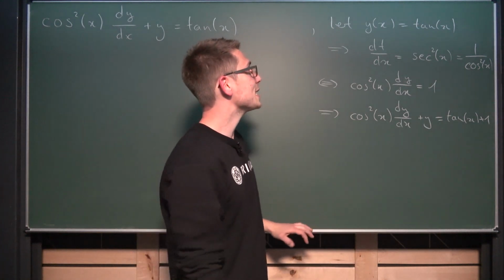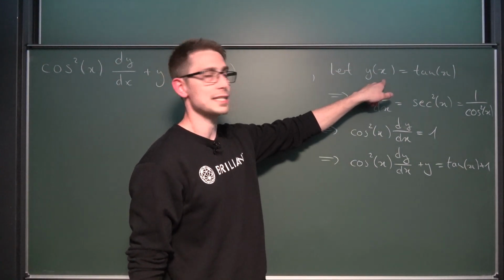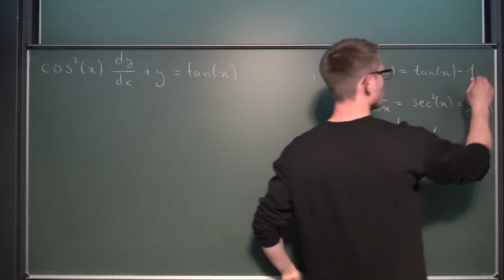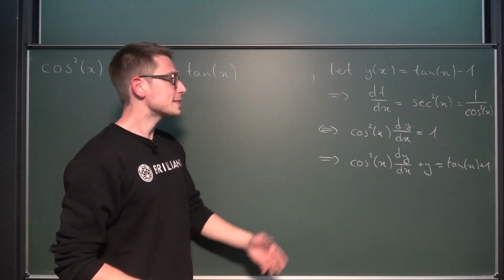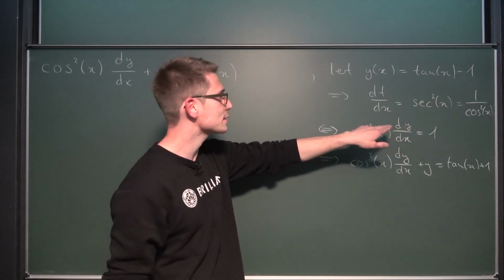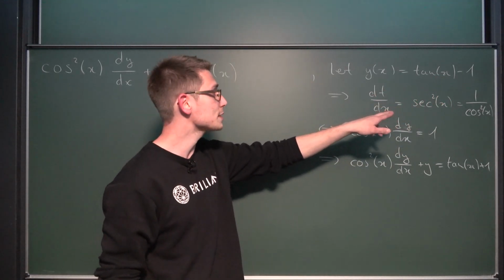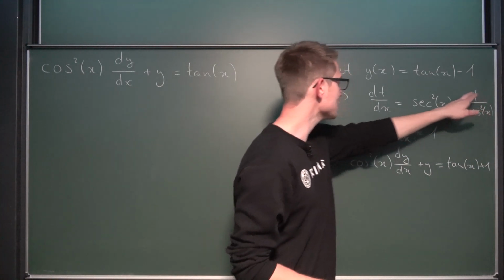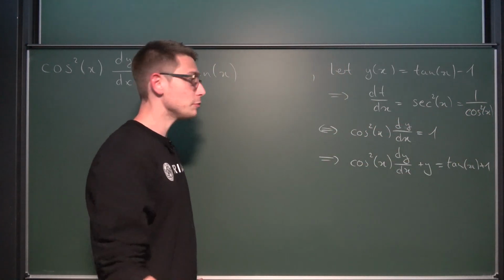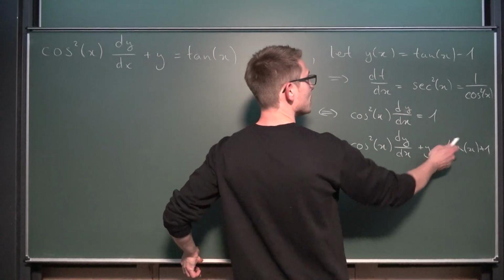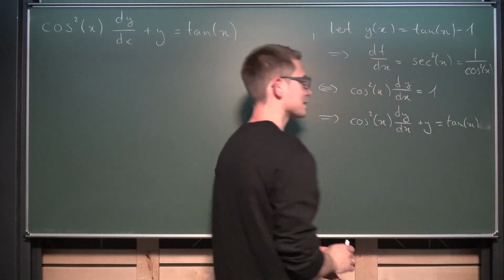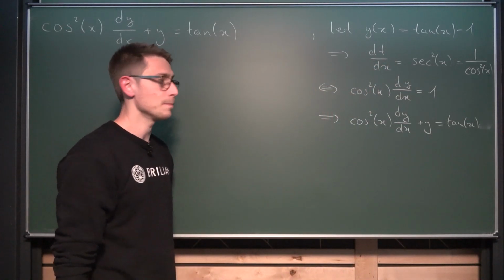Well, by saying that our original function is not tangent of x, but tangent of x minus 1. This doesn't change anything. If we differentiate our function with respect to x, then the 1 is gonna vanish, obviously, as a constant, and we are still going to end up with the same differential that we get right here. With the one difference that if we now add those together, our 1 and negative 1 are gonna cancel, giving us our original differential equation.